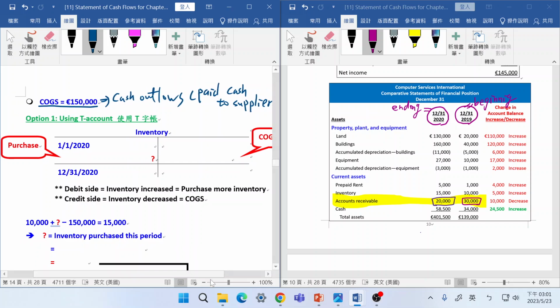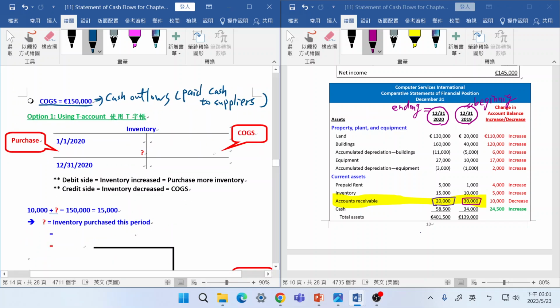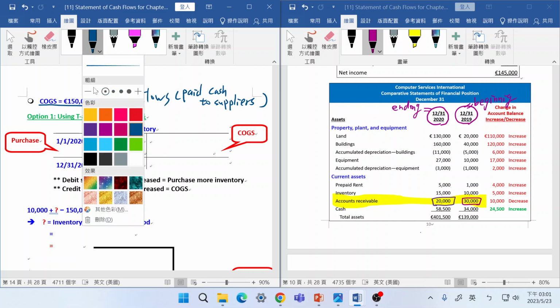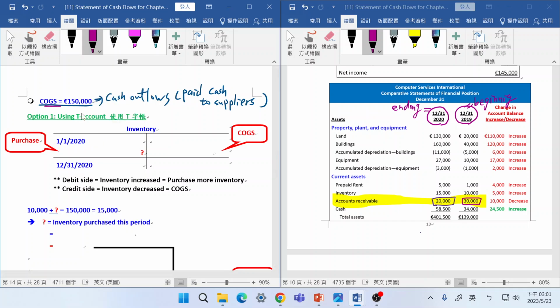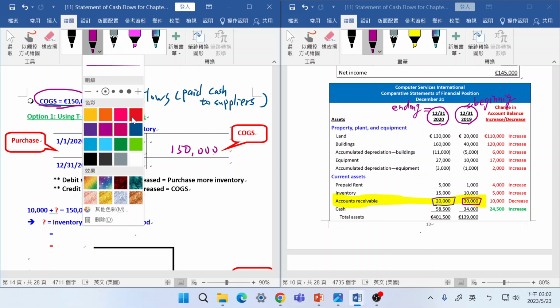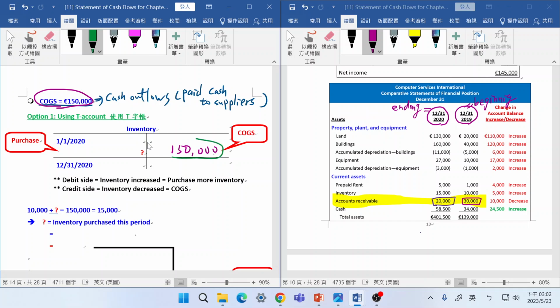So we need two tier accounts, right? One is inventory, one is accounts payable. So look at inventory. When your inventory decrease is what? Cost of goods sold, right? So cost of goods sold will make your inventory decrease $150,000 when you sold the inventory.